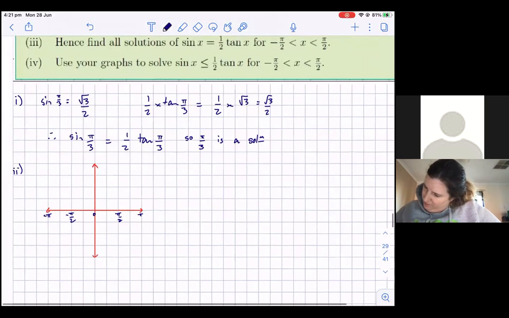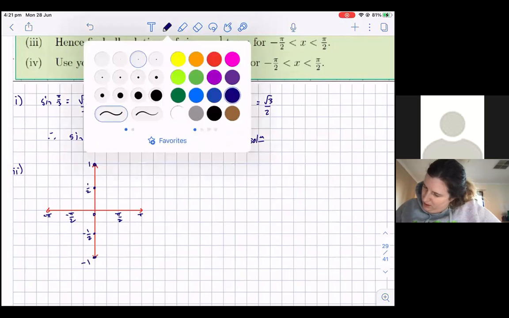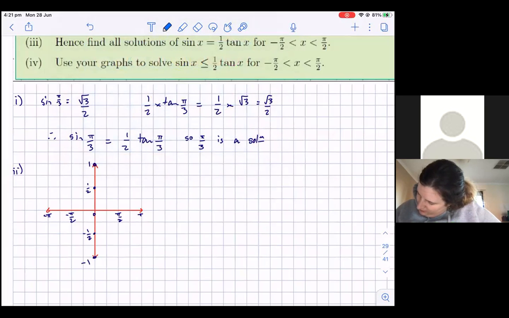Okay, and if I make this 1 and -1 and this half and -1/2. I'm going to do sine in light blue.